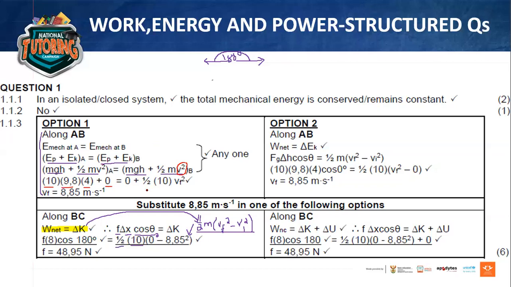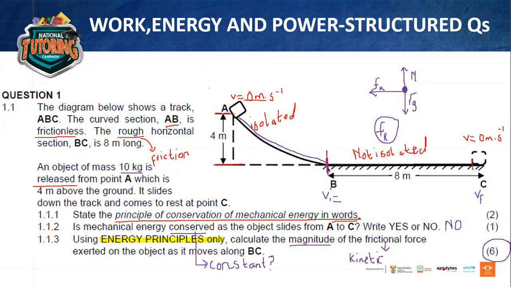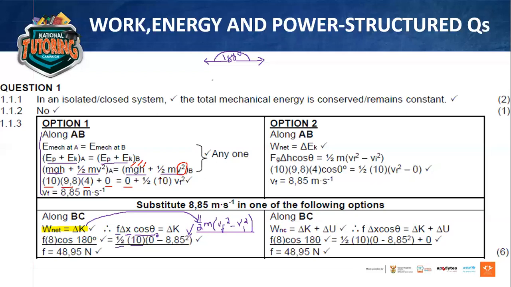It's equal to, now we go to point B, the gravitational potential energy is 0. Why? Because the mass is 10, the g is 9,8, but when it's at B, it's right on the ground, so there is no height. The height is 0, plus at B, half times the mass, which is 10, times speed squared. And this gives me the speed at B to be 8,85 meters per second.